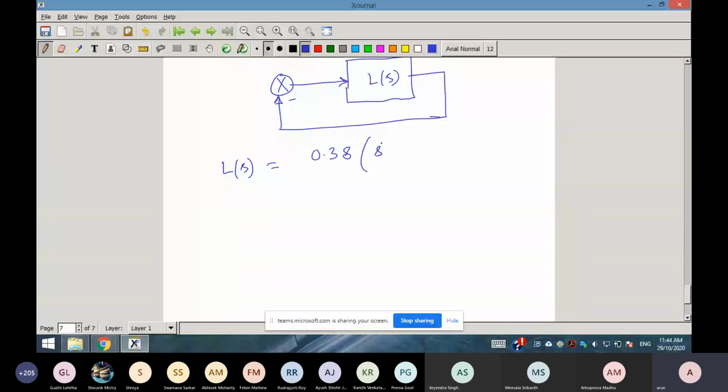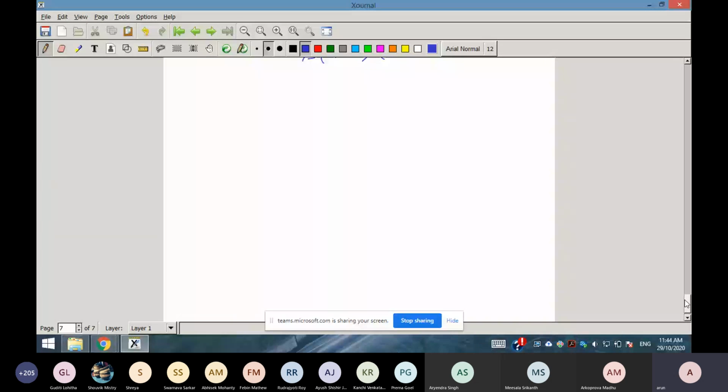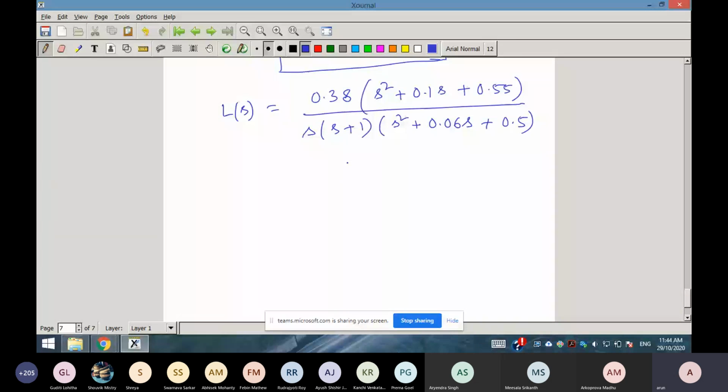You can verify using MATLAB also. 0.1 S plus 0.55 divided by S into S plus 1 into S square plus 0.06 S plus 0.5. Okay, so if you draw the Nyquist plot for this plant, for this LS, then it will look like this.